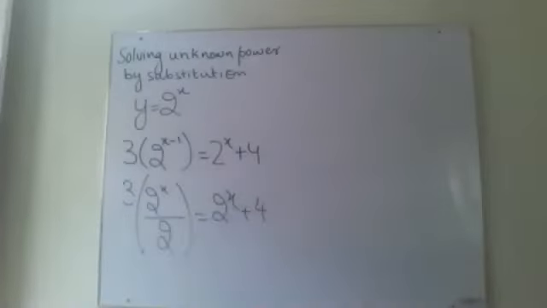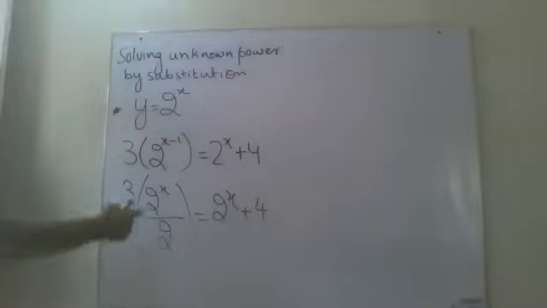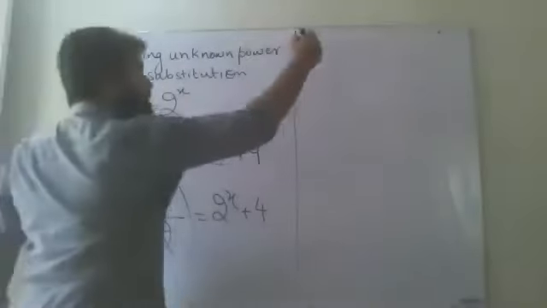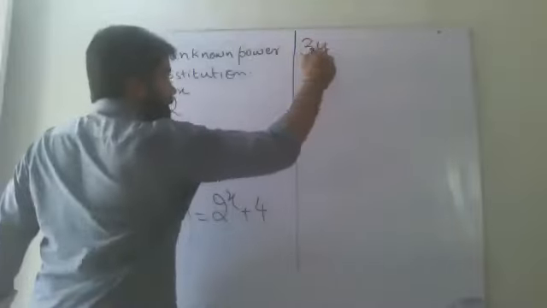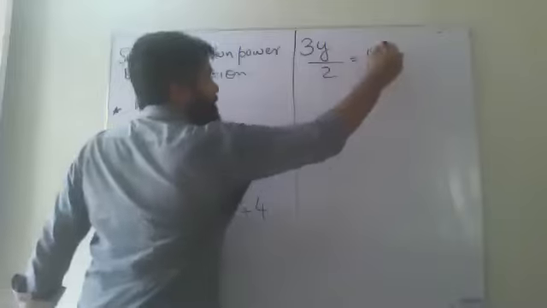Now all the 2 to the power x can be written as y. This is given to us, so I am replacing all 2 to the power x with y, and this will become 3y over 2 equals y plus 4.